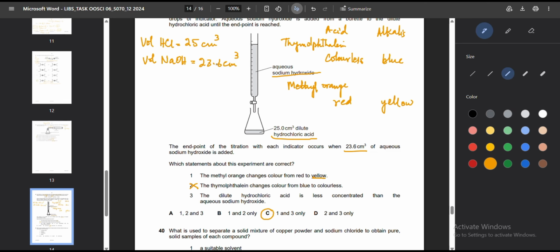Even though these volumes are similar, sodium hydroxide neutralizes the acid completely with slightly less volume, meaning that sodium hydroxide contains more moles of hydroxide ions per cubic centimeter as compared to HCl, which contains fewer hydrogen ions per centimeter cube. So what does it mean? It means that HCl is more dilute. Okay, that means more dilute means it is less concentrated.